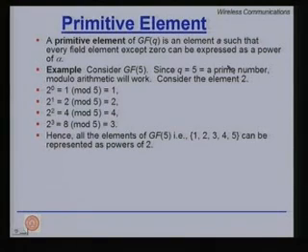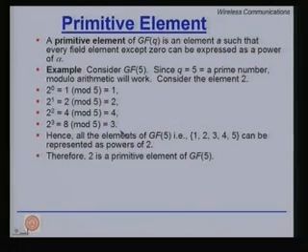So, 2 has this magical property of being a primitive element. All powers of 2 taken modulo 5 will jump onto the different elements one by one. Therefore, 2 is a primitive element of GF(5).